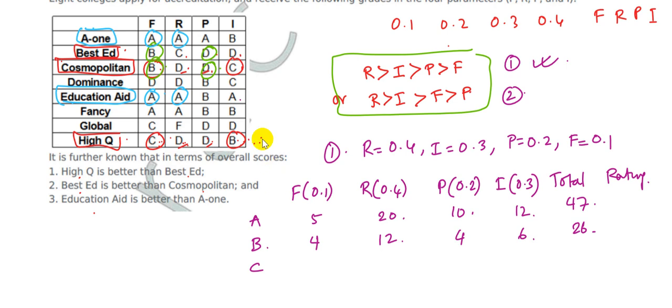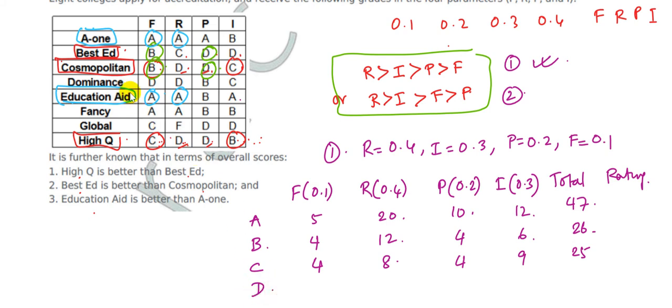Then C will be B into 0.1, that's 4. Then D is 20 into 0.4, that's 8. Then 20 into 0.2, that's 4. Then 30 into 0.3, that is 9. So 17, 21, 25.